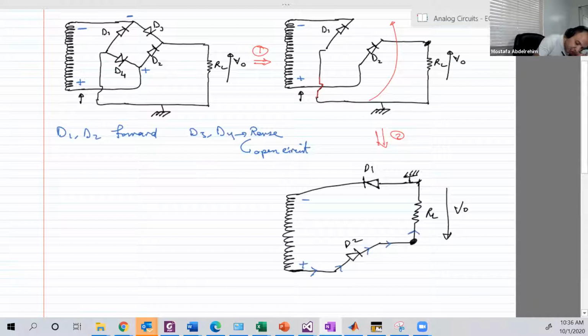Then it flows from this point to the ground. Then continue to D1. And this is also valid because when the diode is forward, the current must flow through P to N and continue to the negative terminal.